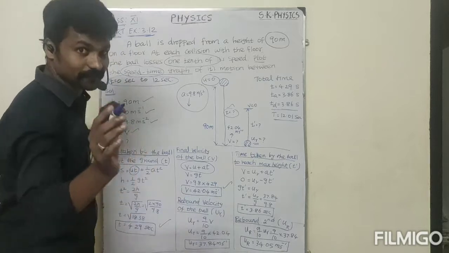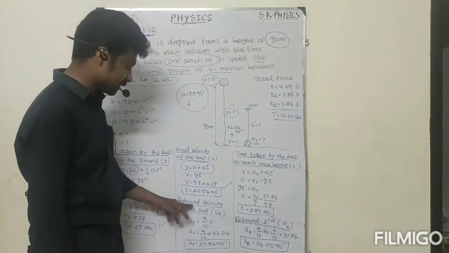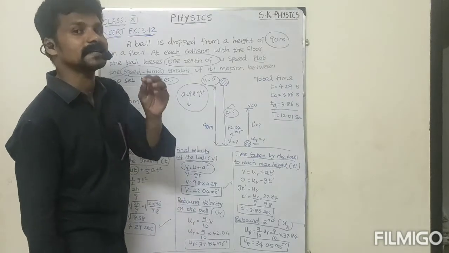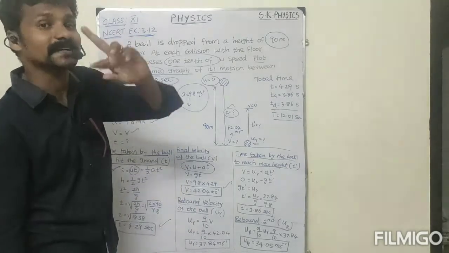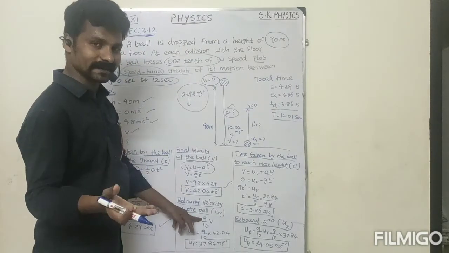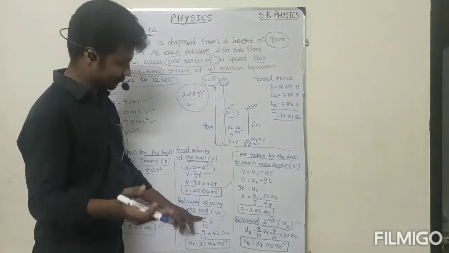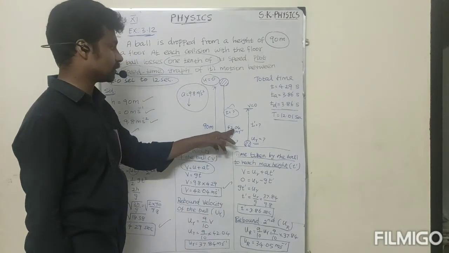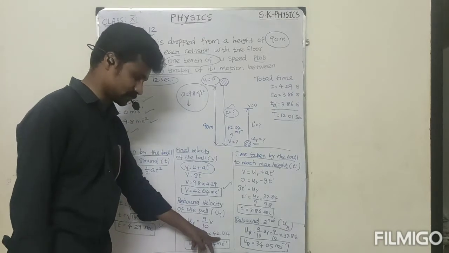Okay, so I hope this is already over. Now what you are going to find? Rebound velocity. Rebound velocity is only 90% of the initial velocity. 90% is nothing but 90 divided by 100 or 9 by 10. So 9 by 10 of the previous velocity, which is 42.04.